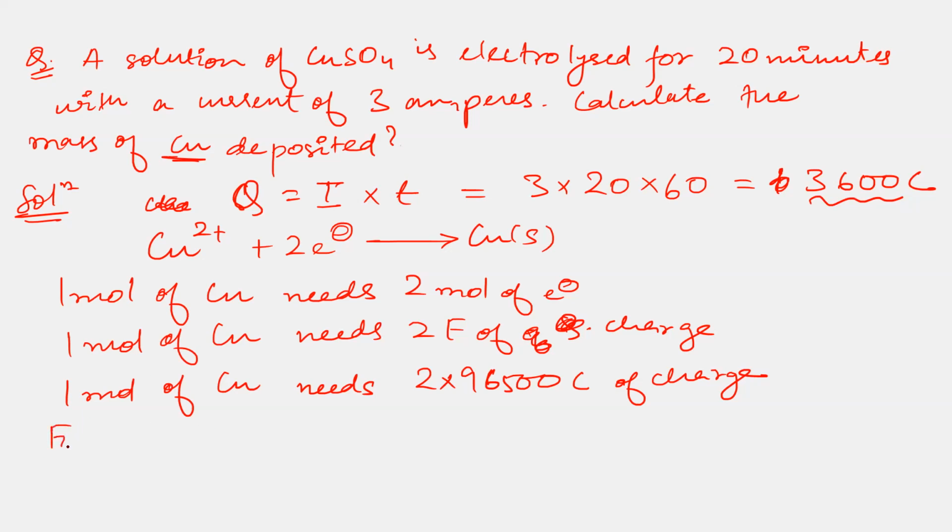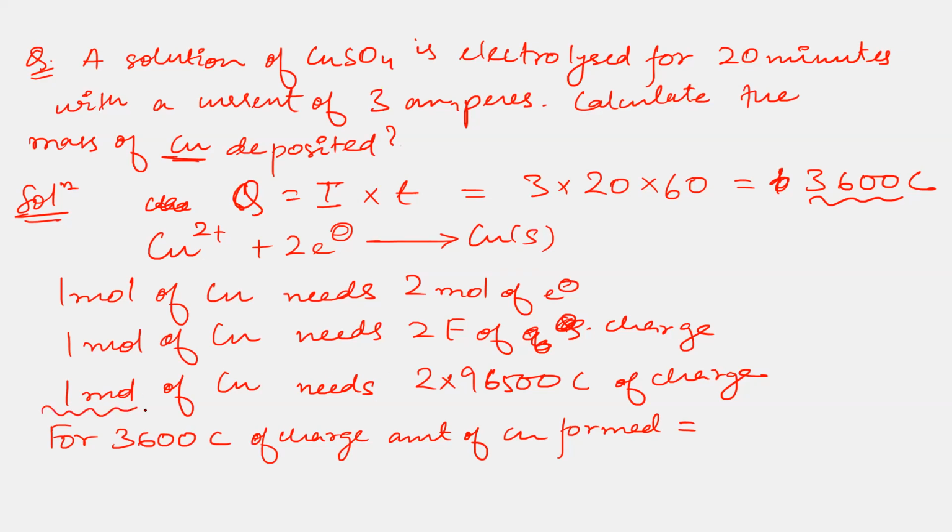So for 3600 coulomb of charge, the amount of Cu formed is equal to, if we have 2 into 96500, then we will form 1 mole.